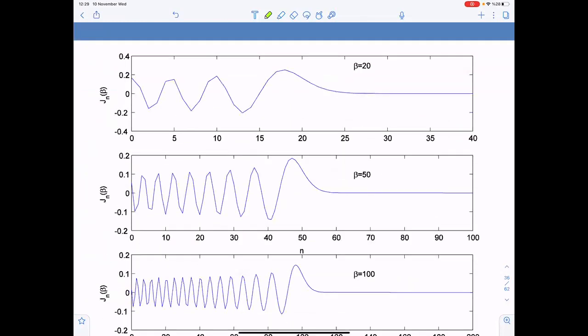And it's coming from these Bessel functions. Notice that FM with a beta around 5 in our example turned out to be relatively close to 0 after n equals 6. But when beta is larger, you would have to deal with more sidebands. For example, look at beta equals 20.